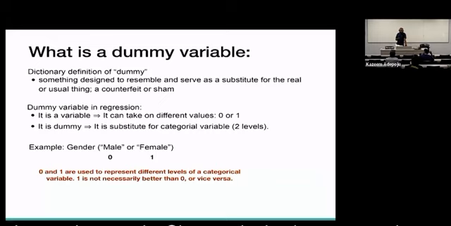For information, we have some categorical variables that have more than two levels, like race. In race, you have the white, the African American, Latino, and the like. So we have more than two levels. But here we're focusing on the one that has two levels.